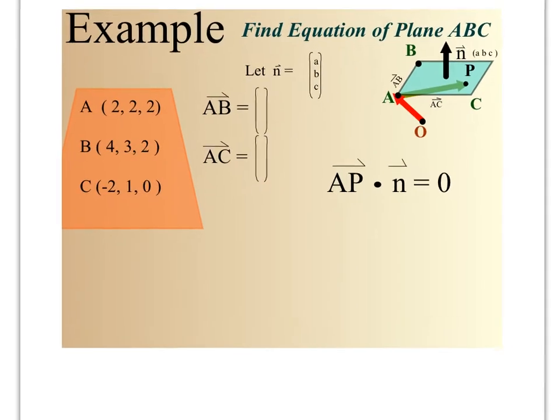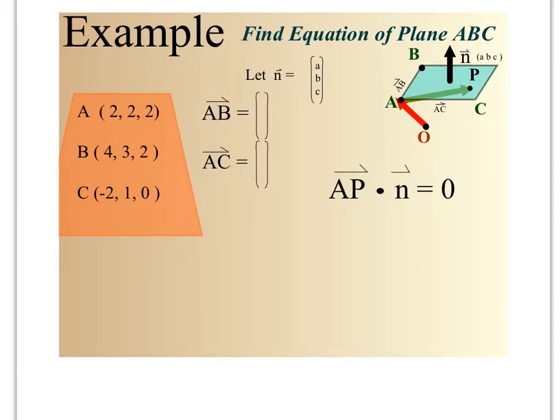Okay, so here we are. Find the equation of the plane, given that these points, A, B, and C, are part of the plane. So first thing I'm going to want to do is find vector AB. Using the points given, vector AB will equal 2, 1, 0.